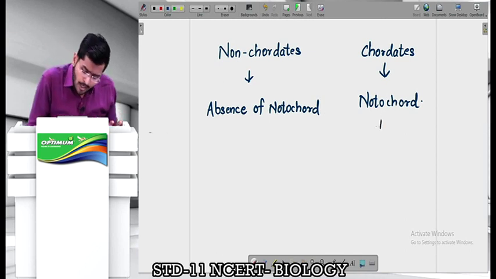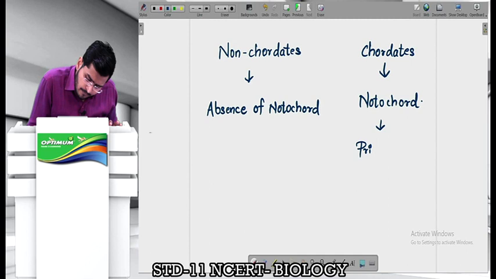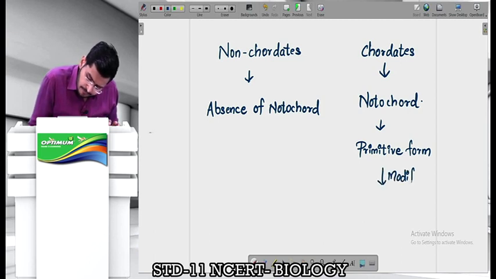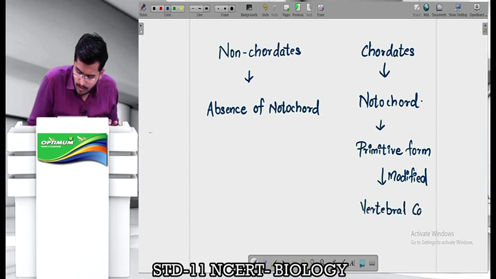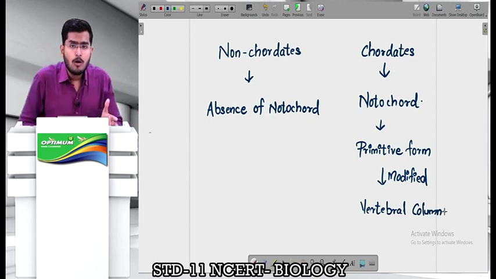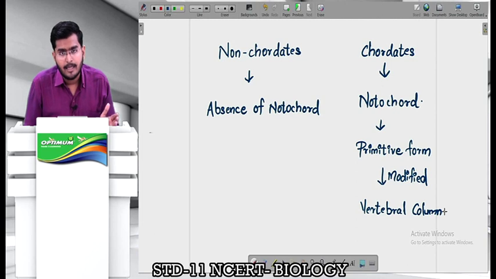So notochord is a primitive form which then gets modified to form a vertebral column. You know what vertebral column is, our spinal cord, right? So please understand, notochord से ही vertebral column बनता है.